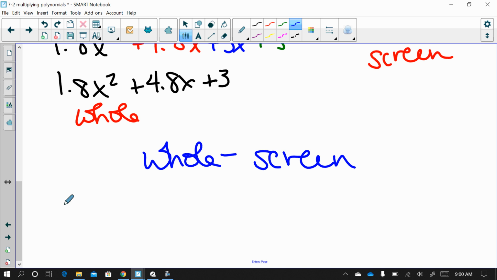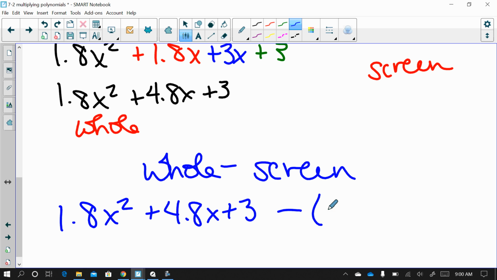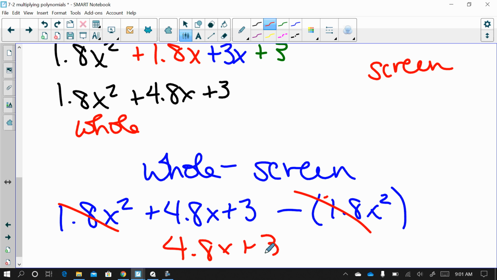I'm going to take the whole, minus the screen, 1.8x squared. Remember I can ignore those parentheses, so these just cancel. I'm left with 4.8x plus 3. That is the area not occupied by the screen.